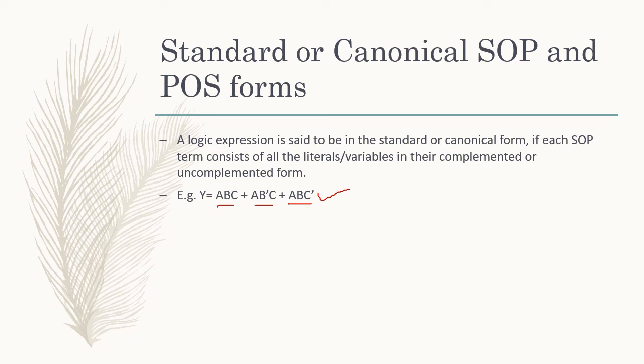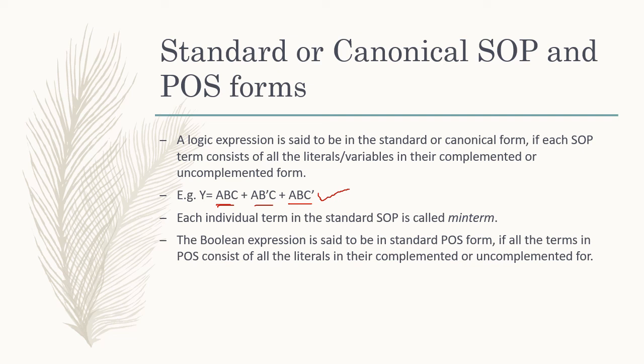Okay, so this is the sum of product. So this is a standard SOP equation. Okay, each individual term in the standard SOP is called the min term.